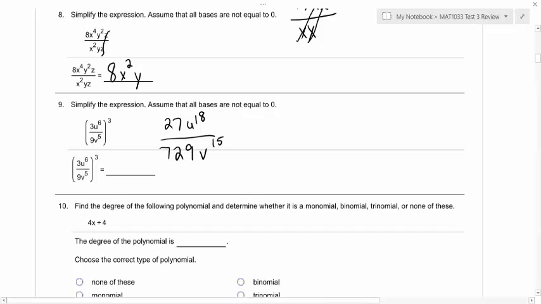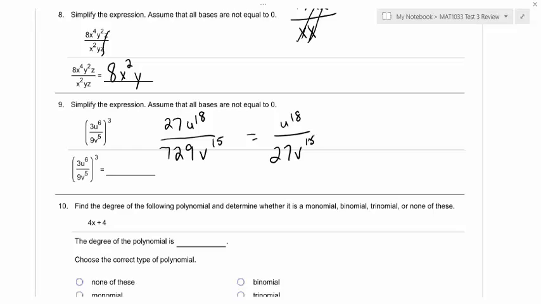So could you have broken that down before? Yes. The way we did it gives you bigger numbers, but you can still simplify them if you use your calculator. What I just did was divide 729 by 27 and see that it divided evenly. So you could still figure it out even with a basic calculator.